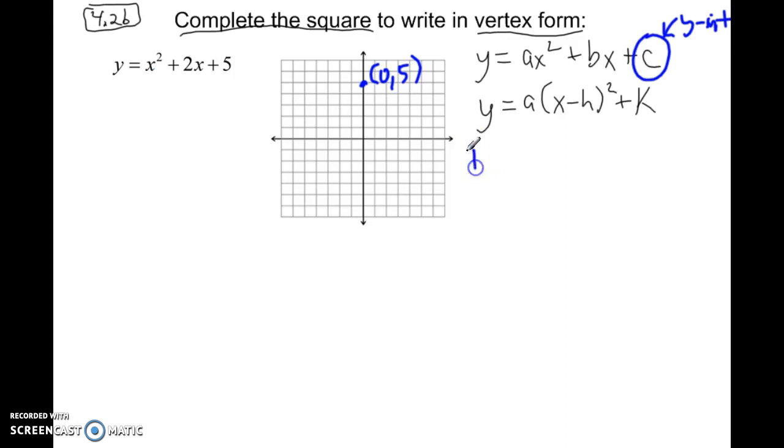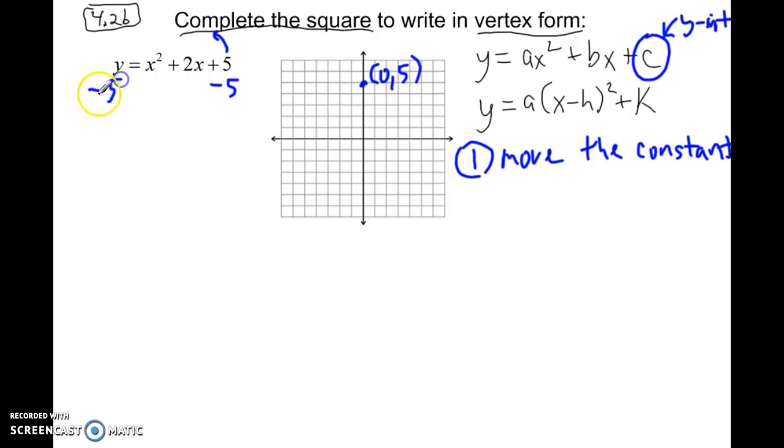So the first step in completing the square is to move the constant. When I say move the constant, maybe I should say add or subtract the constant to get it to the other side. In this case, the constant is c, so this 5, I need to move it to the other side. We're going to do that by subtracting 5, the inverse operation, from both sides.